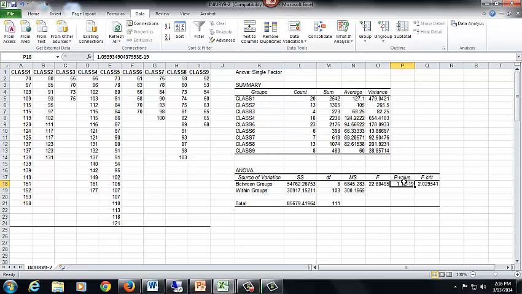I am going to reject H0 and say there is a difference in the number of injuries across the 9 classes. Then I can analyze which one has the most injuries. I seem to see the most in class 1, and I can go through and analyze that data a little bit more.